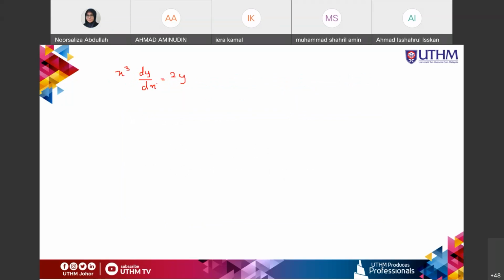Which means kita kena separatekan variable y dengan x. So we bring y to this side and x to this side. You bawa 2y to this side, this will be dy over 2y, right? Betul tak?